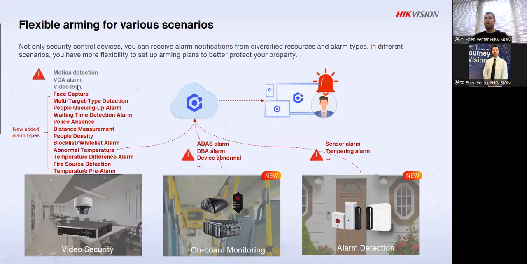There are multiple different applications now, from your people counting to facial capturing, your black and white list alarms. So yeah, there's so much more. Your normal mobile solution as well, from behavior analytics for the driver, your dash cams for if there are any alerts or anything happening, your sensors, your tampering, all those types of things. So one platform. All right.